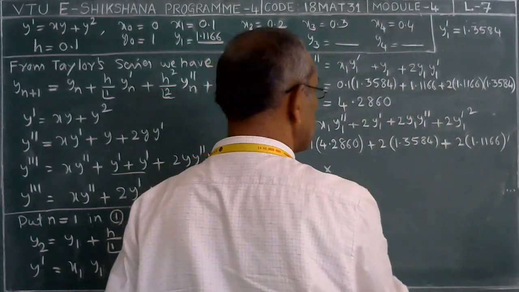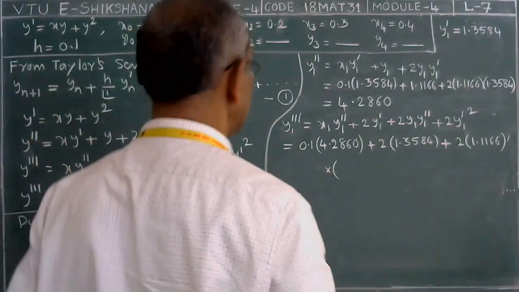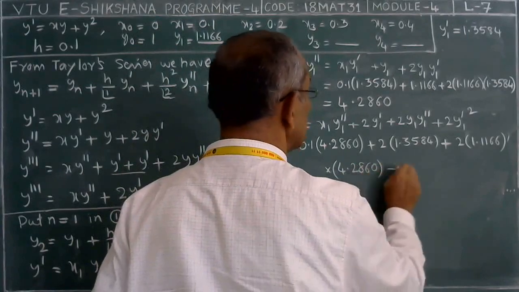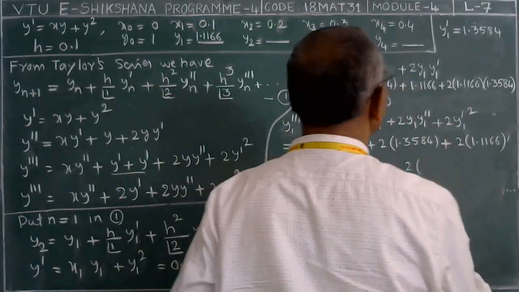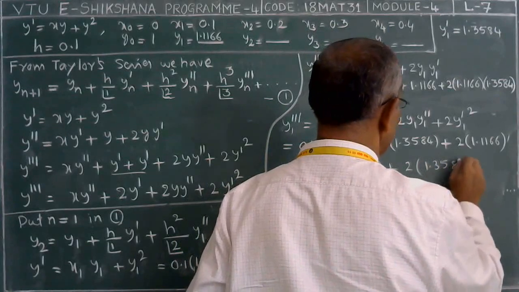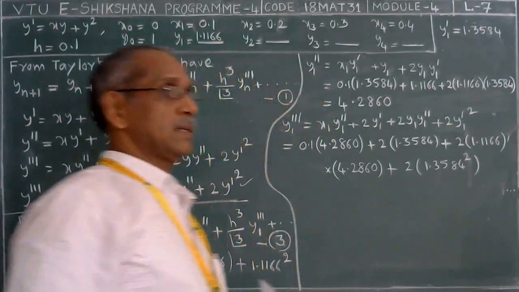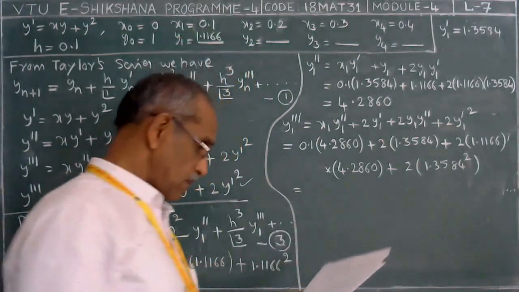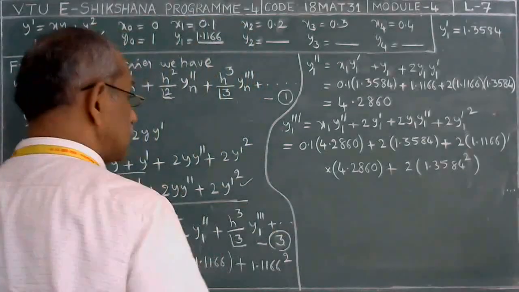This is continued into the bracket, into y1 double dash 4.2860 plus 2 into y1 dash. Y1 dash is 1.3584 square. So if you carefully compute, you get y1 triple dash.